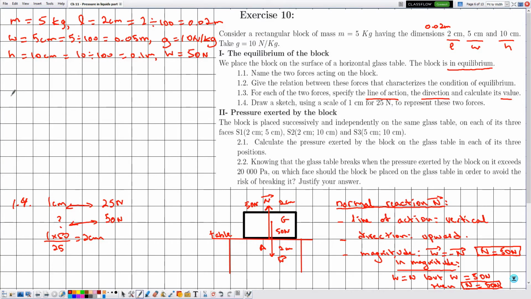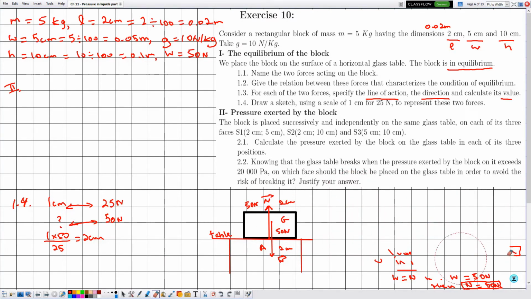Now part 2 of this exercise, pressure exerted by the block. The block is placed successively and independently on the same glass table on each of its 3 faces, S1, S2 and S3. And now here let me do a small sketch in order to explain what's happening. So this is a front view of the experiment.